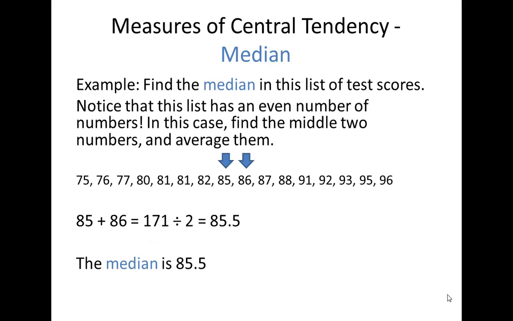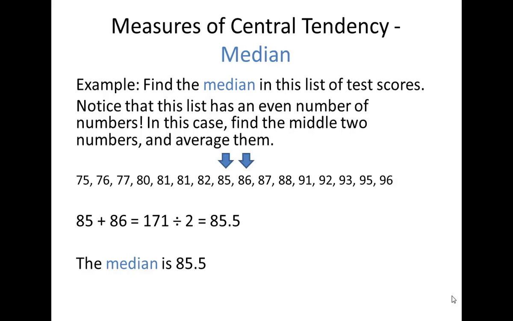Let's look at another example. Find the median in this list of test scores. Notice that this list has an even number of numbers. In this case, find the middle two numbers and average them. 85 and 86 are the middle two numbers.